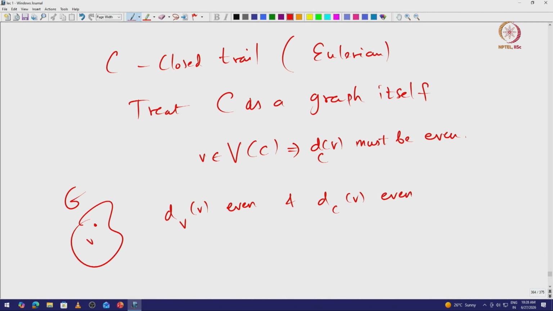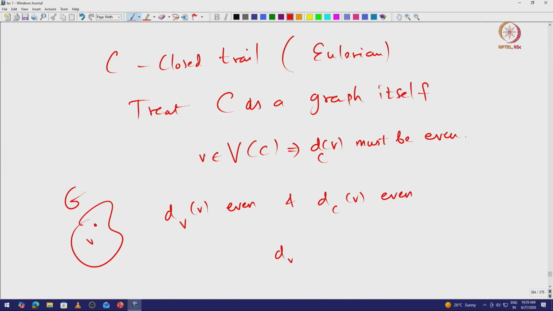So, let us say this vertex happens to be in the intersection of the vertices of G dash and C. We do not need to worry about G dash. Anyway, if it is in the intersection, it is okay, otherwise the degree is going to be 0.